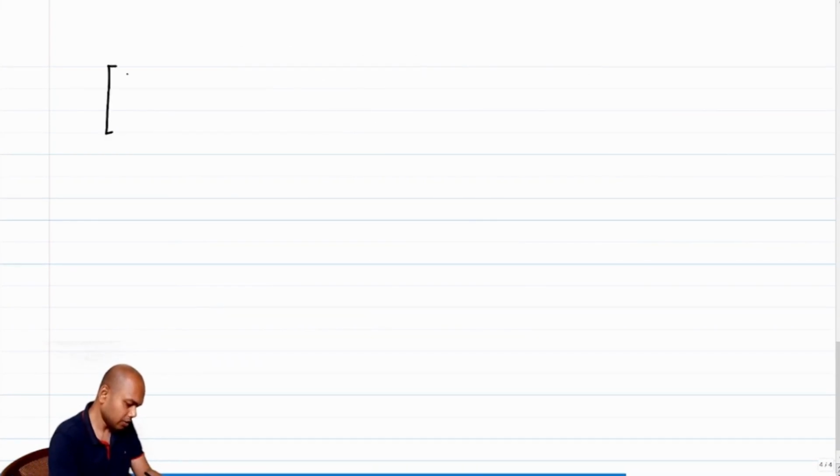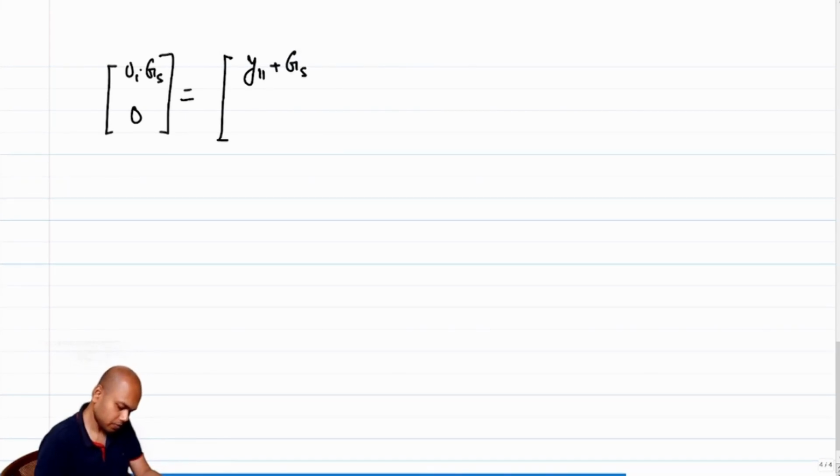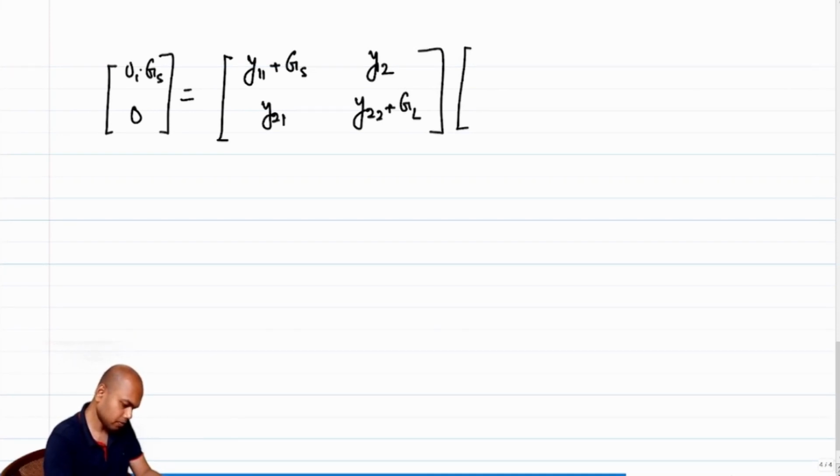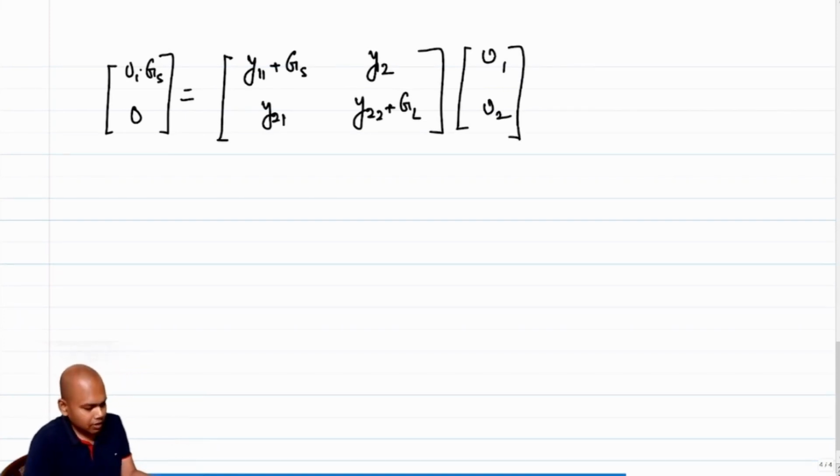This becomes Vi times Gs, 0, equal to the matrix times V1, V2. Now once you have it in this format, it's easy to find out what V2 will be.